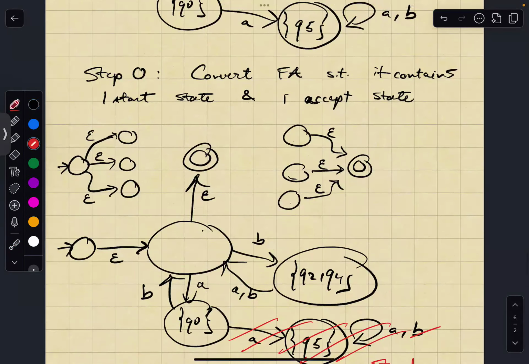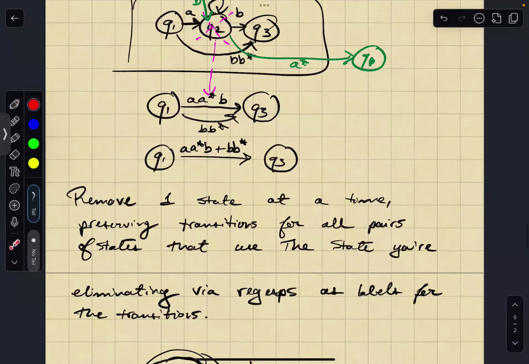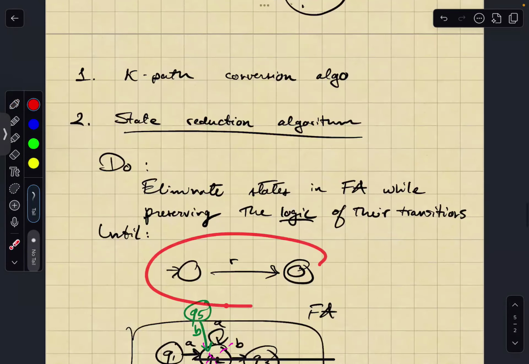And also the accept and start states should be different. They should be different because I'm trying to get to something that looks like this, right?